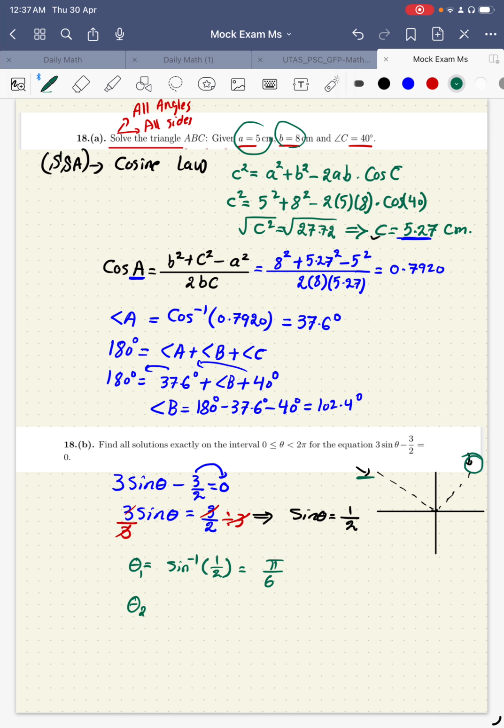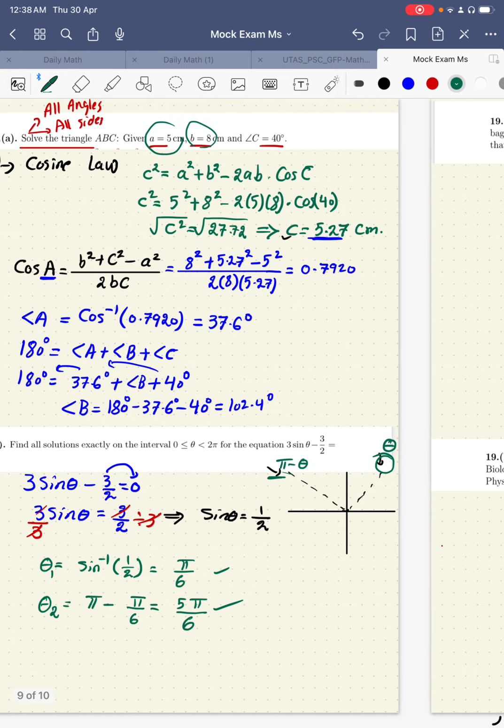It will be π − π/6, which is going to be 5π/6. هنا بحصل angle π − θ وهنا θ. So those are my two solutions for this question.